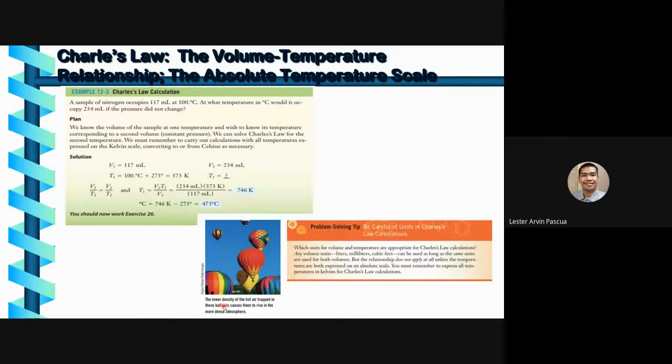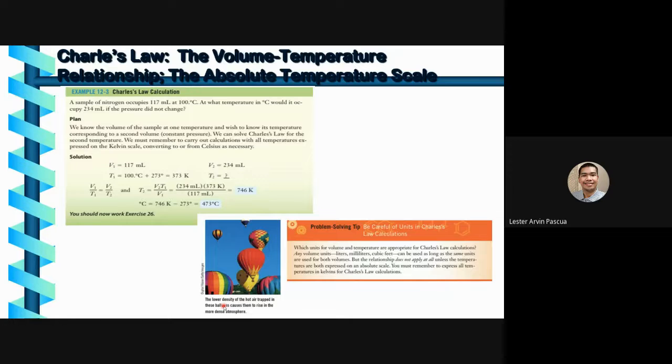Kasi mas dense yung water kaysa roon sa plastic. Pero kunyari, maglagay ka ng gold bars. So pag kunyari may gold, tapos nilagay mo sa tubig, babagsak siya. No? Kasi mas dense, mas mabigat, mas mataas yung density ng gold doon sa water.